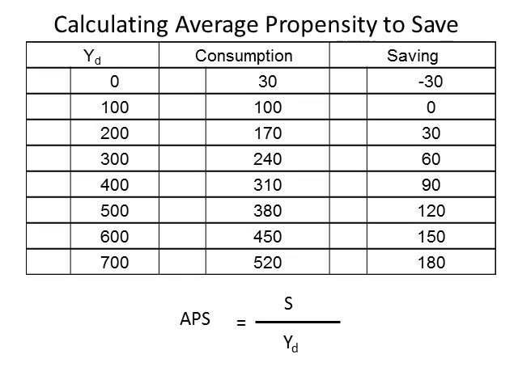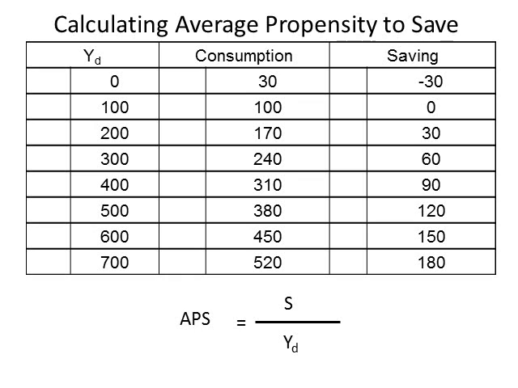The next row, where we have an income of 100, this person spends $100 and saves nothing. At the next level, 200, the person consumes 170 and saves 30. At the next level of income, 300, the person consumes 240 and saves 60.